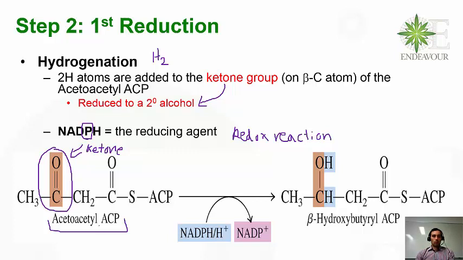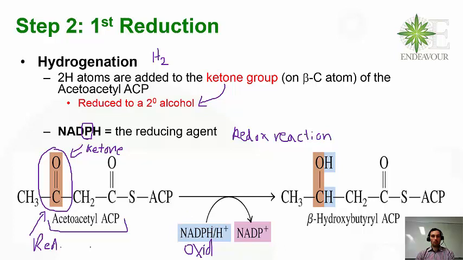So basically what happens is we're going to have the coenzyme being oxidized in the redox reaction, and the acetoacetyl ACP, specifically the region shown here in brown, is going to be reduced. The reduction of the ketone is facilitated by the oxidation of this coenzyme.